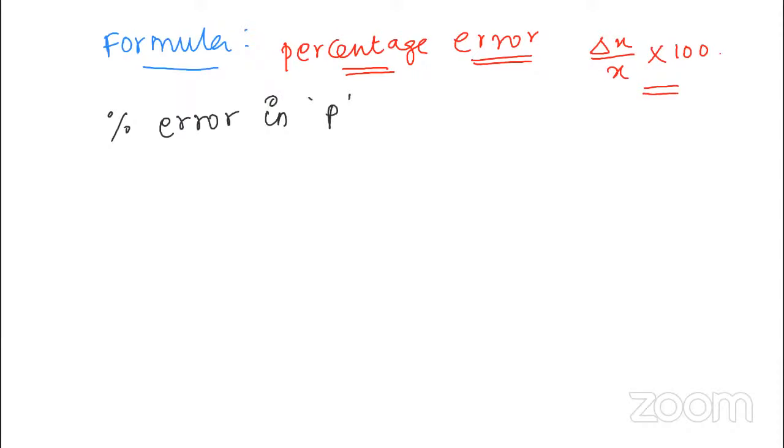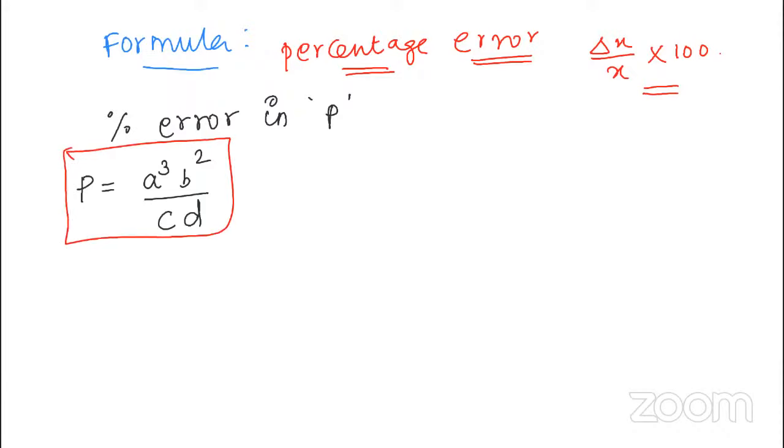Okay. So P is equal to A cube B square divided by C into D. So this is the given value. So this given values, we can convert it into del x form.